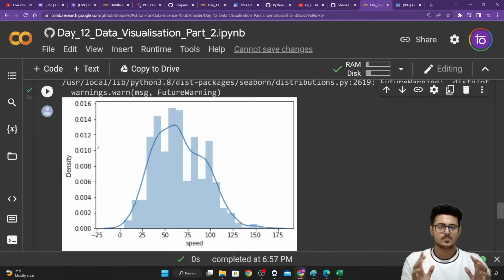When you are plotting a distribution of a histogram using Seaborn, it not just plots the actual histogram, but it also plots the KDE, the kernel density estimation. The area under this curve will always come out to be 1, guys.